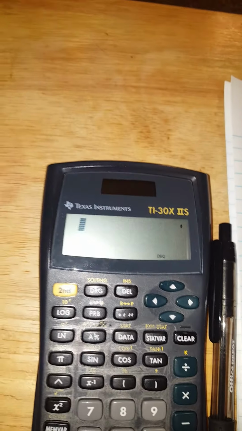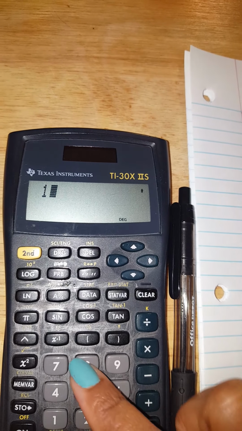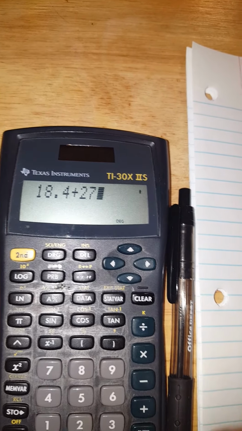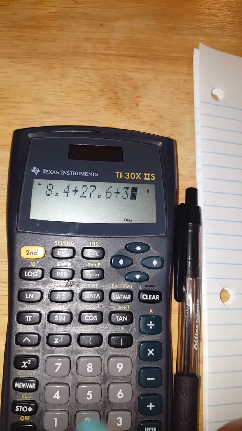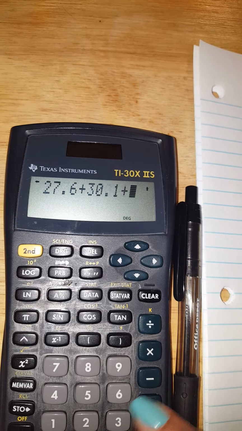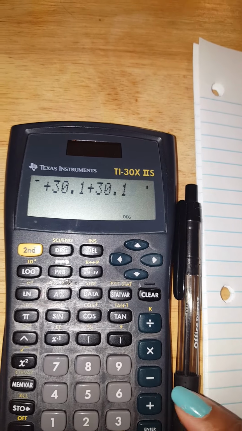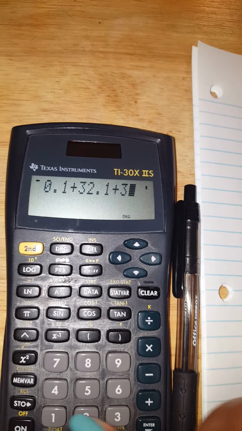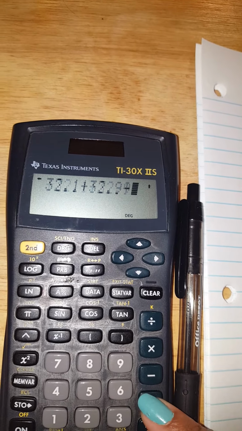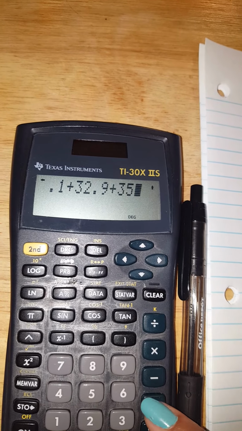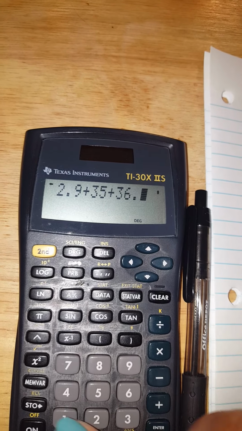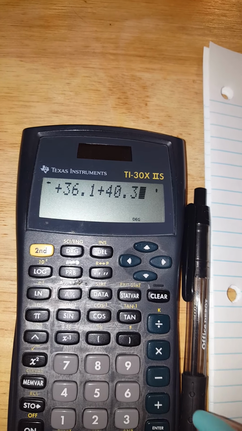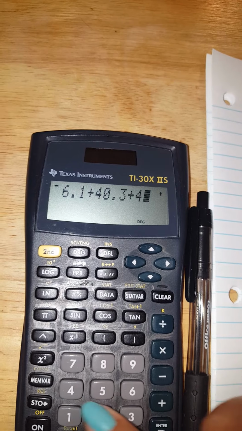Going to my calculator, I'm going to add 18.4 plus 27.6 plus 30.1 plus 30.1 again, plus 32.1 plus 32.9 plus 35 plus 36.1 plus 40.3 plus 42.